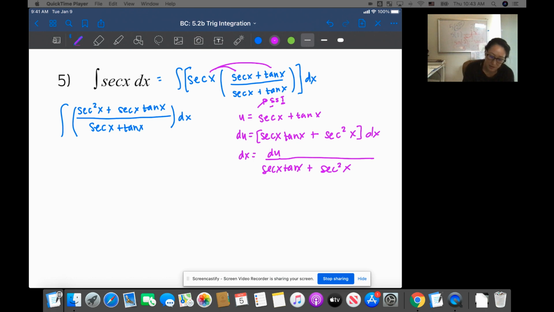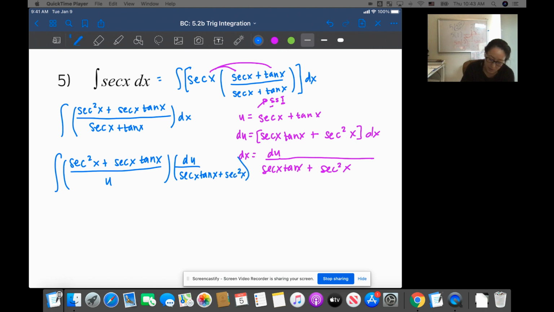All right, let's make some substitutions. We get secant squared x plus secant x tangent x over secant x plus tangent x. Oh, wait a second, that's my u. Plus u times du over secant x tangent x plus secant squared x. Ta-da! Cancel.